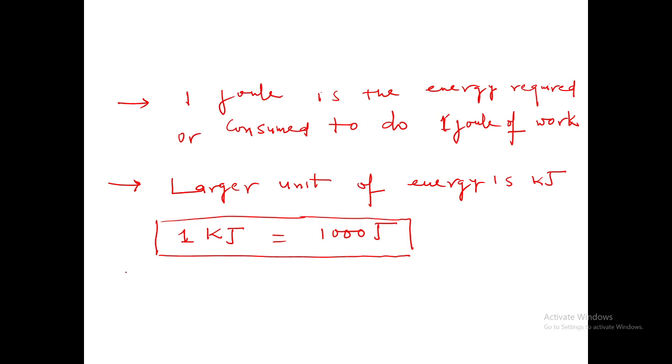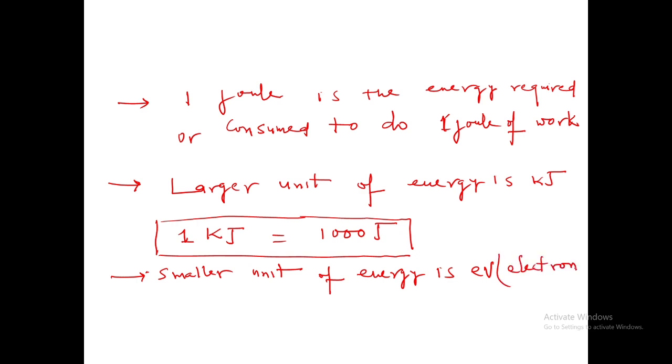A smaller unit of energy is the electron volt, EV, and 1 electron volt is equal to 1.6 into 10 to the power minus 19 joule.